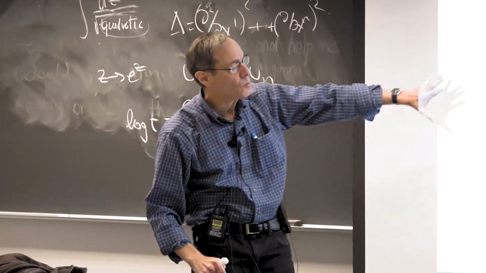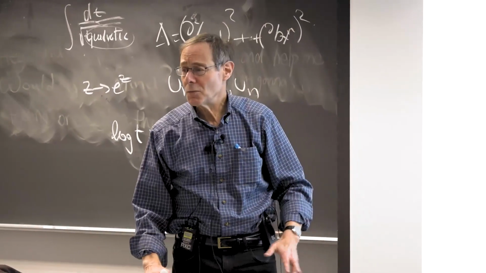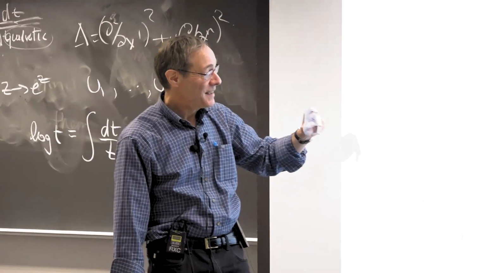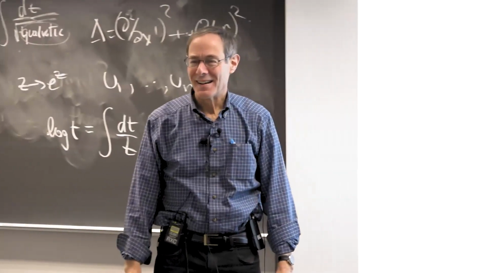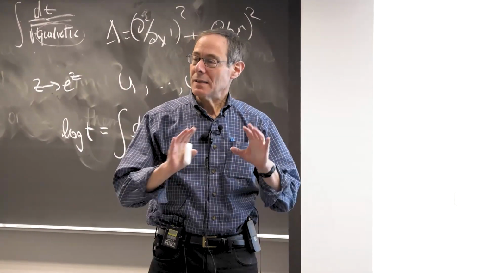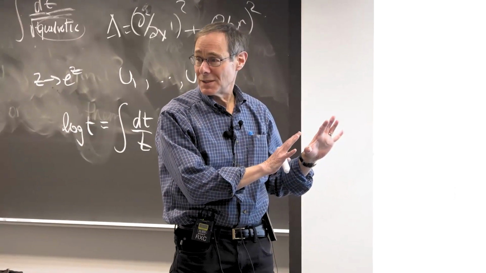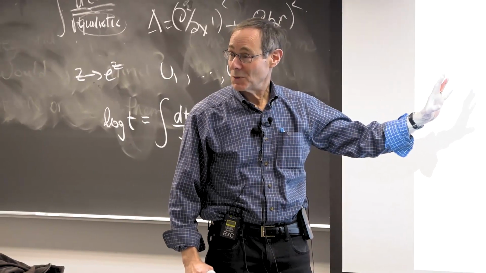So let me just make one more comment about this slide, which is going to make you very uncomfortable. You see this I here? So this is a formula in several complex variables. This is not a formula in real variables.